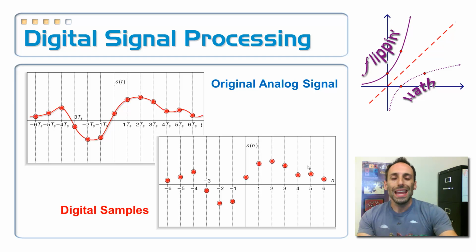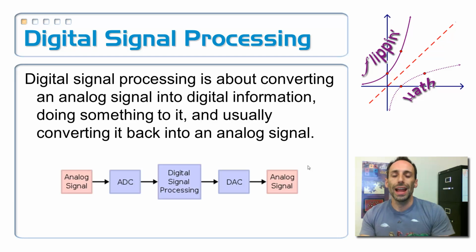Okay? Any computer, any electronic device that has anything to do with digital signals has what's called a DSP, a digital signal processor, in it. Like your phones have these things because you're talking into the phone.